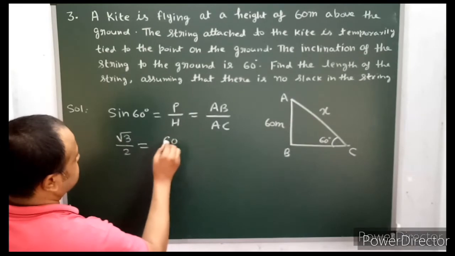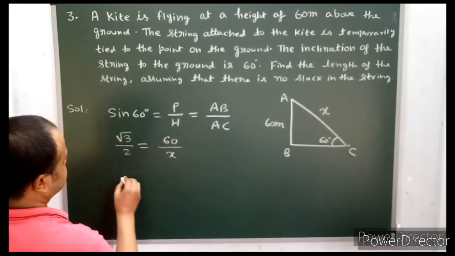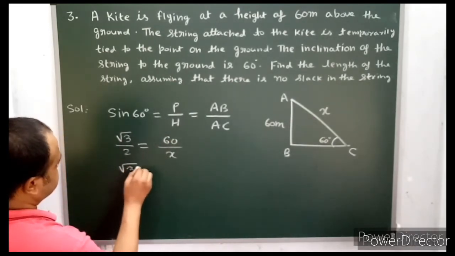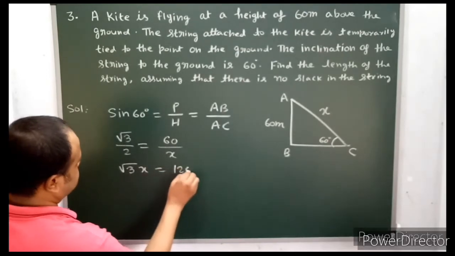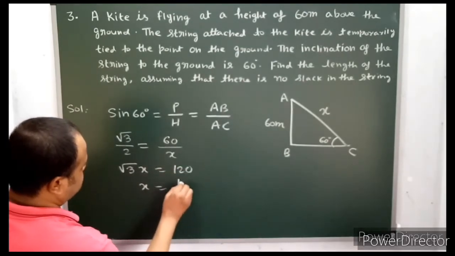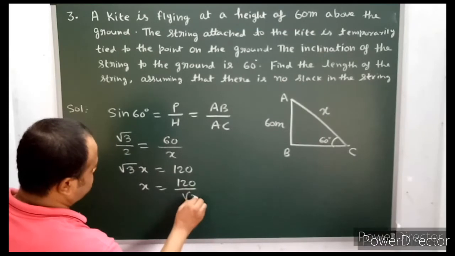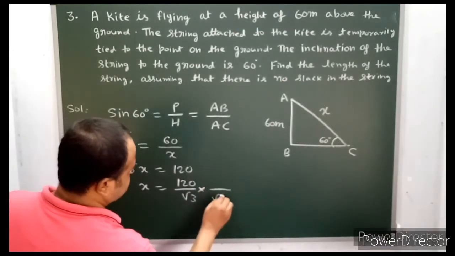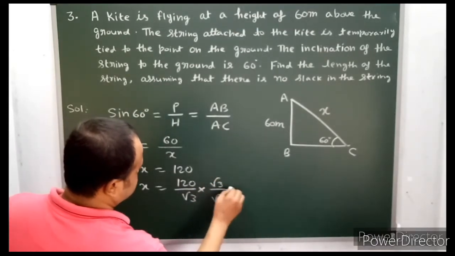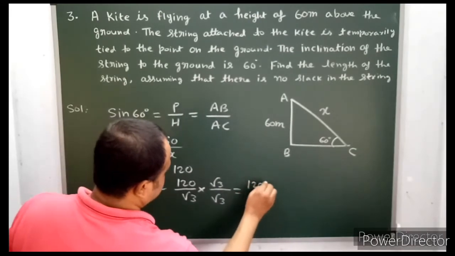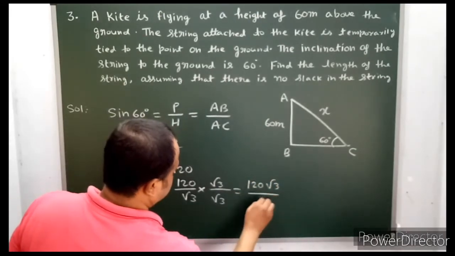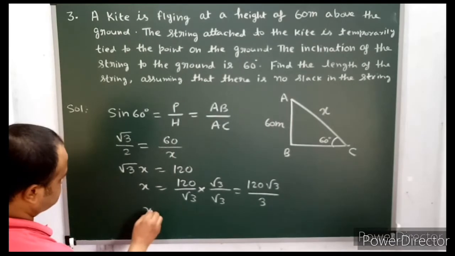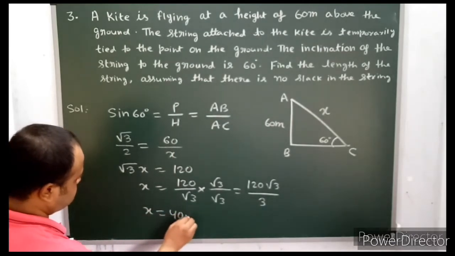AB is 60, AC is X. If you do the cross multiplication, we get 120 by root over 3, and on rationalization we get 40 root over 3.